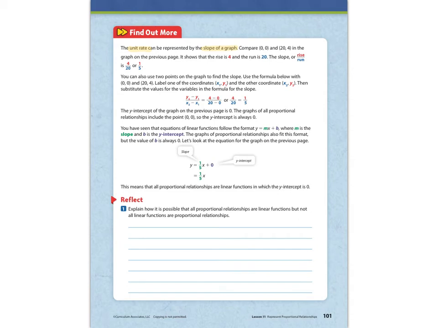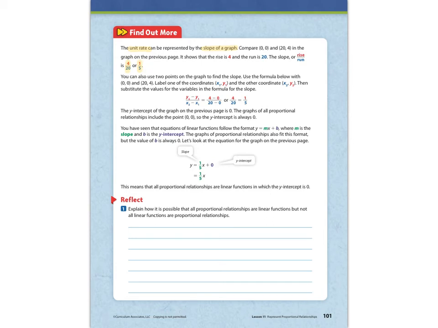So compare the point 0, 0 and 20, 4. In the graph on the previous page, it shows that the rise is 4 and the run is 20. The slope or rise over run is 4/20 or 1/5. Those two are equivalent fractions.